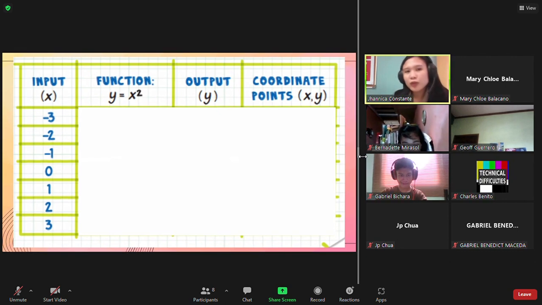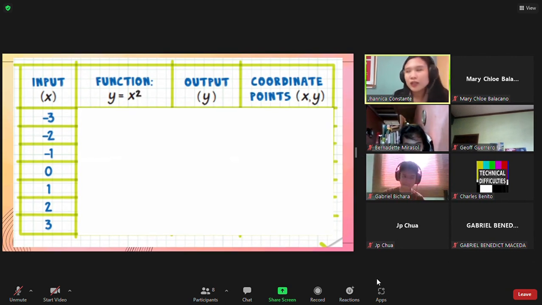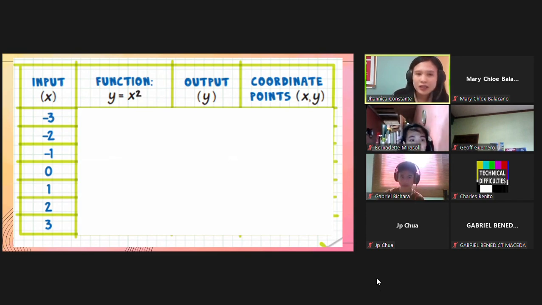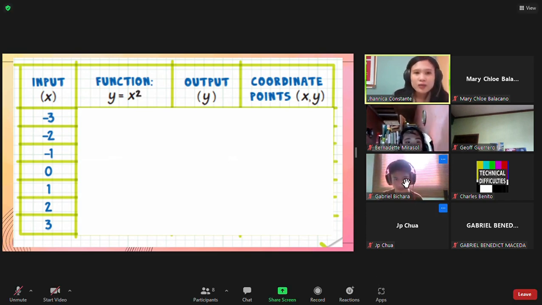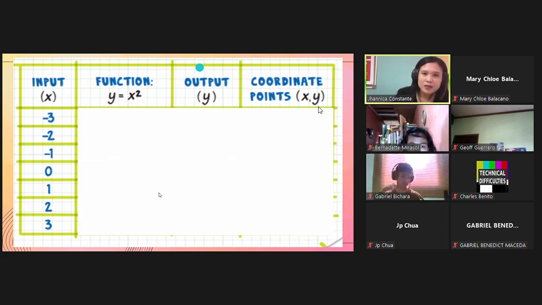For example, we're going to solve one input to determine the output and the coordinates for this function. Our function is y equals x squared. If one of the values of x, or one of the inputs that we have, is negative 3, substitute the given value of x in the function y equals x squared.